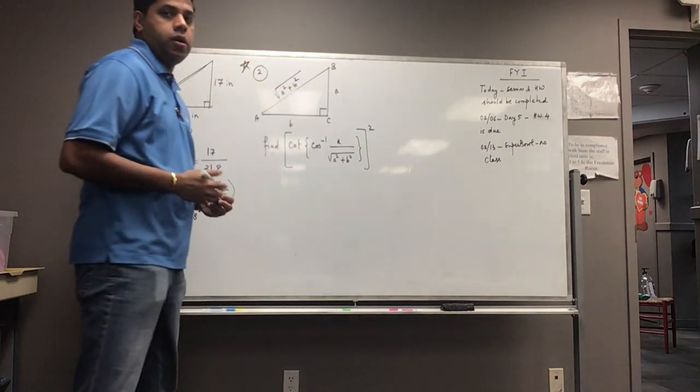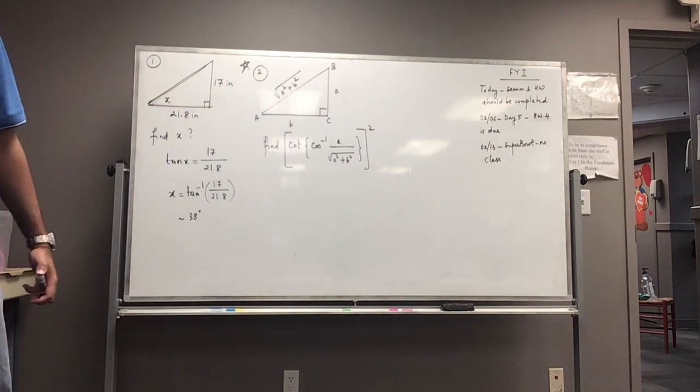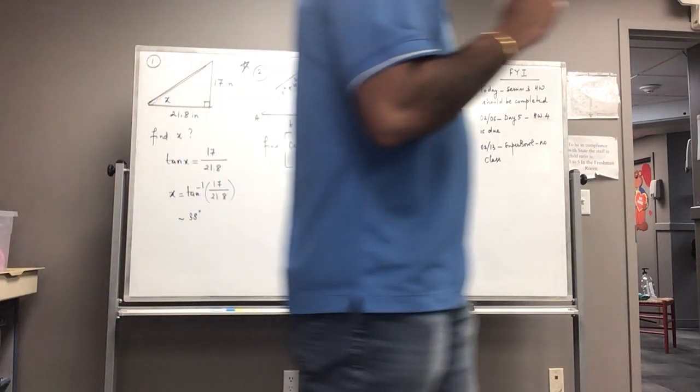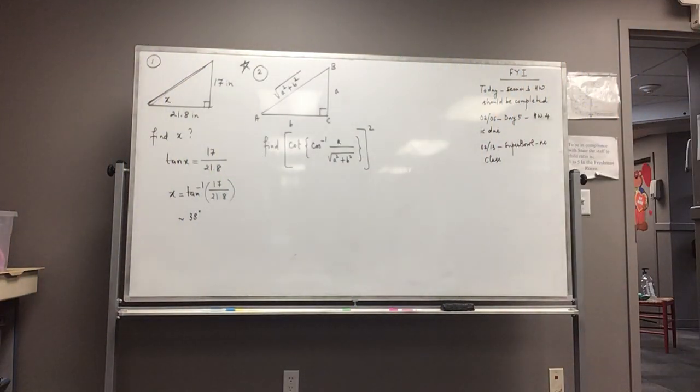Go. You cannot solve a problem if you don't know the question. You've got to have a basic understanding of what the question is and what the end result is, step by step.